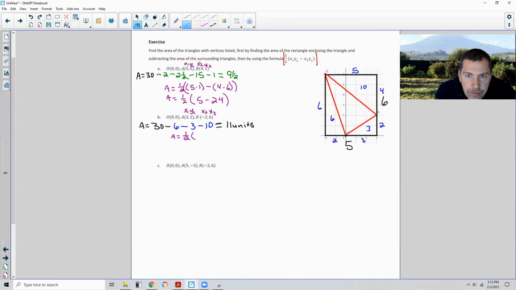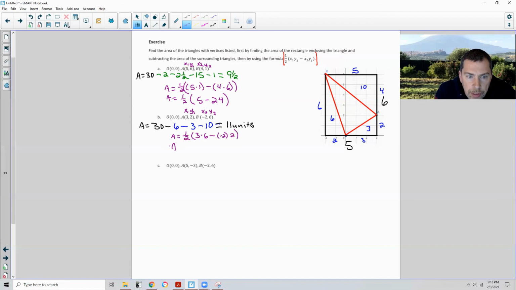So 1/2 the quantity, x1, 3, times y2, 6, minus x2, negative 2, times y1, which is 2.